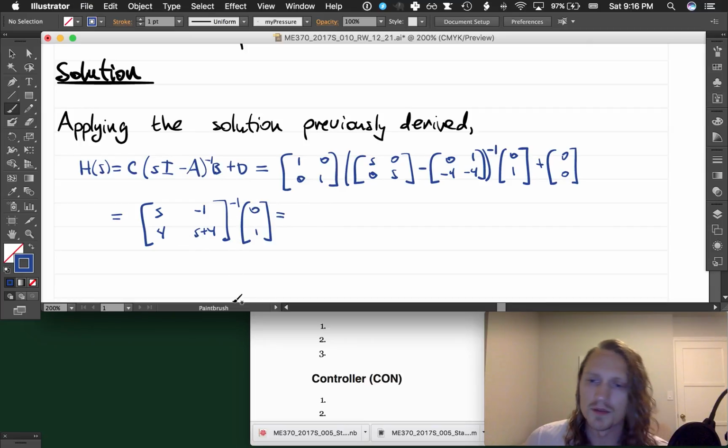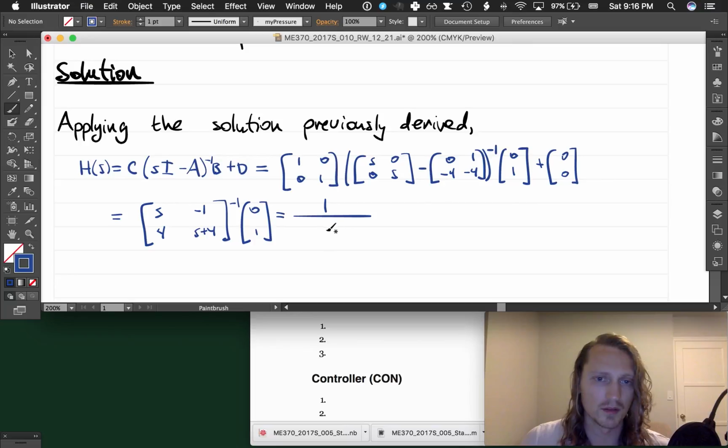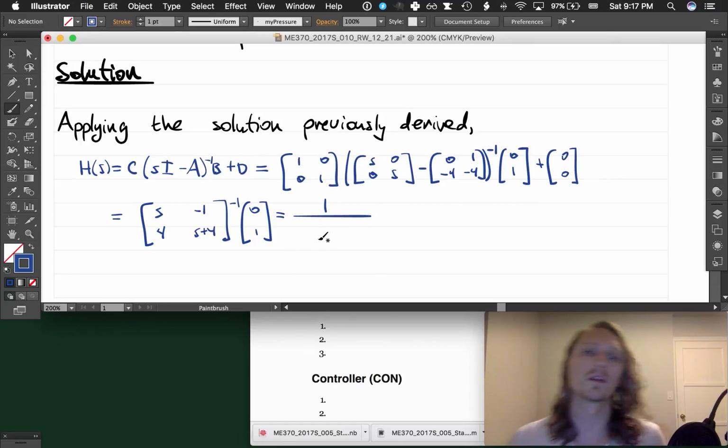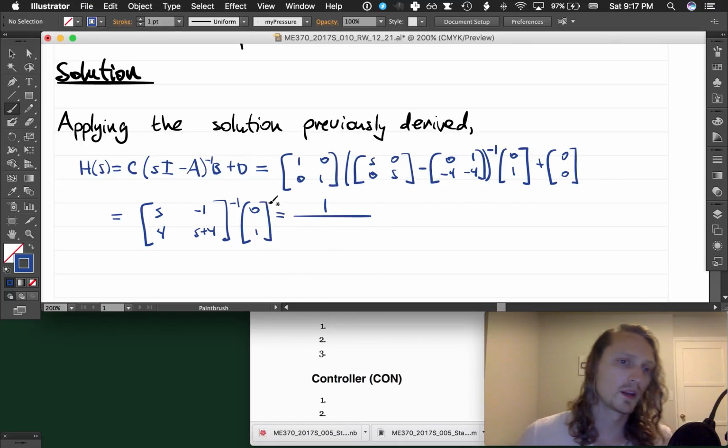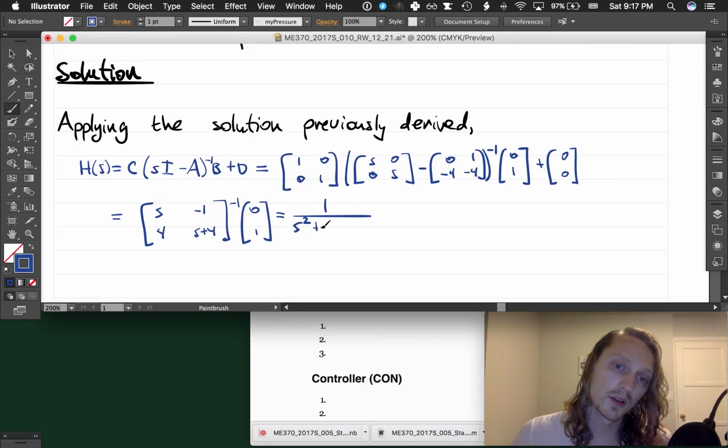Recall that the inverse of a 2 by 2 is pretty straightforward. One thing we need to do is to take the determinant of this matrix and write it in the denominator of this expression, 1 over that. So the determinant is s times s plus 4 minus negative 1 times 4, which is plus 4. So it's s squared plus 4s plus 4.